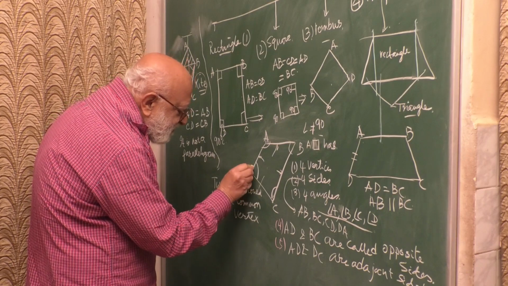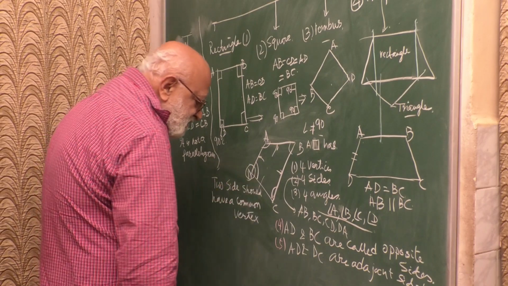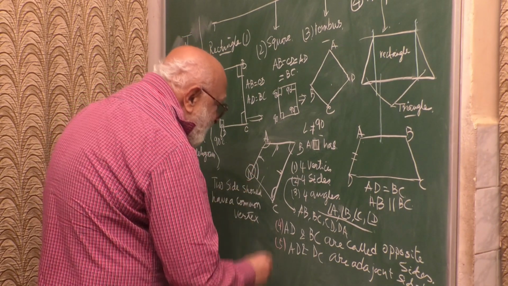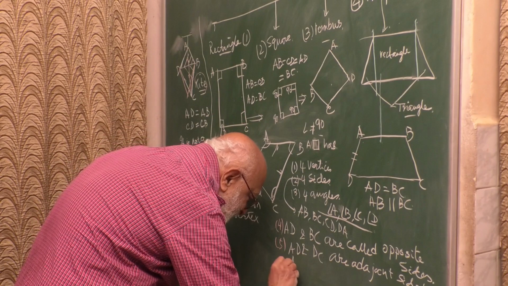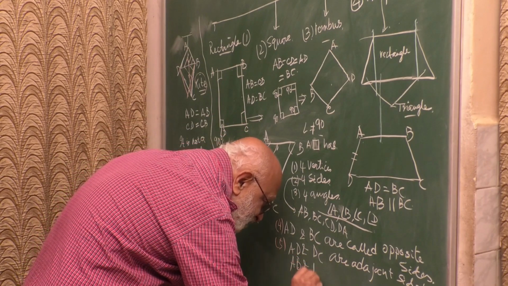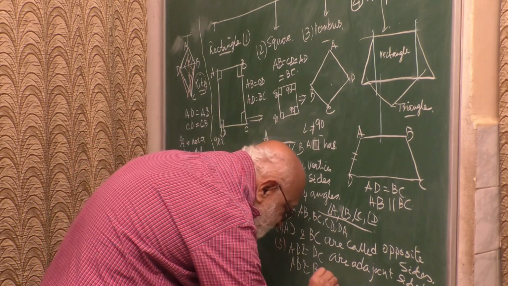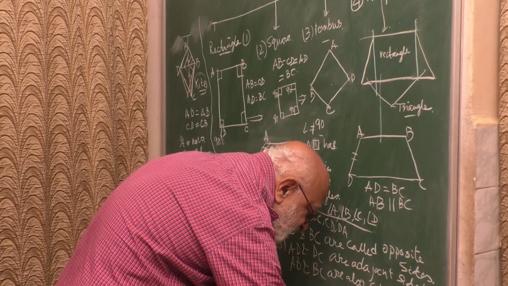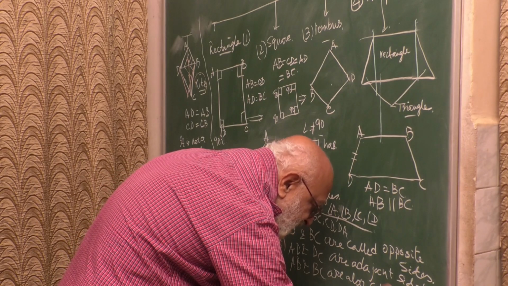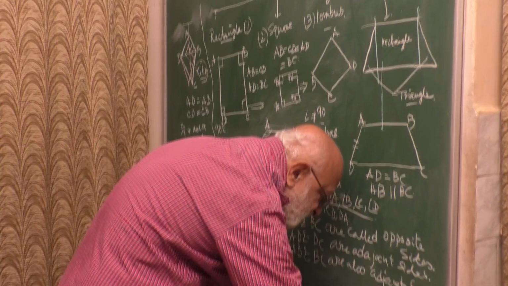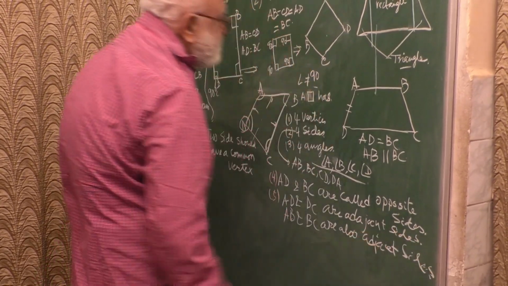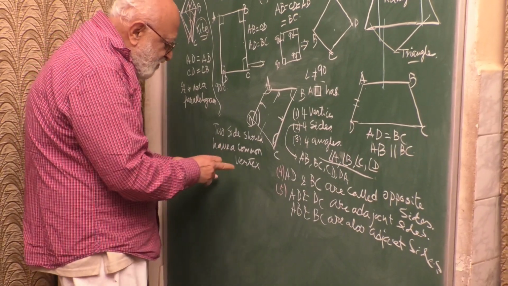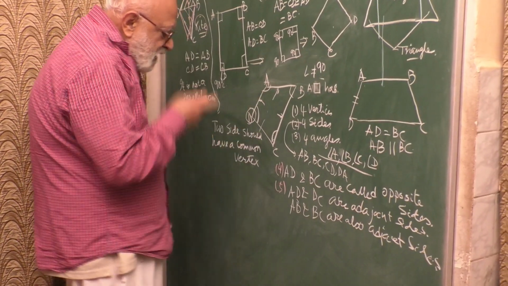The common vertex is D. AD and CD are adjacent sides. Similarly, AB and BC are also adjacent sides. Okay, so this much is now clear. They should have a common vertex, right?